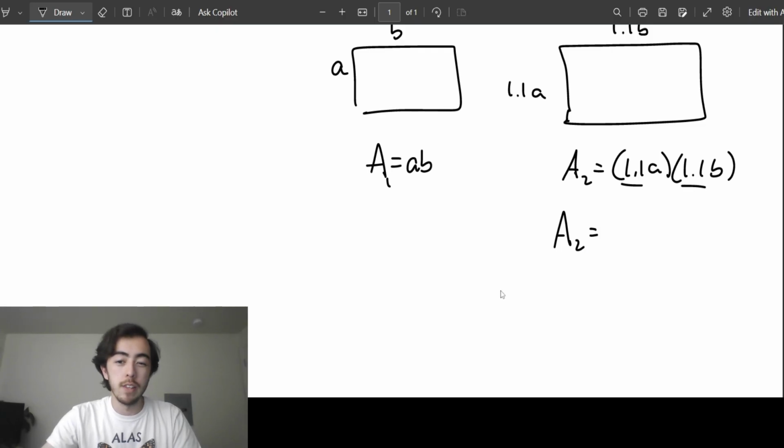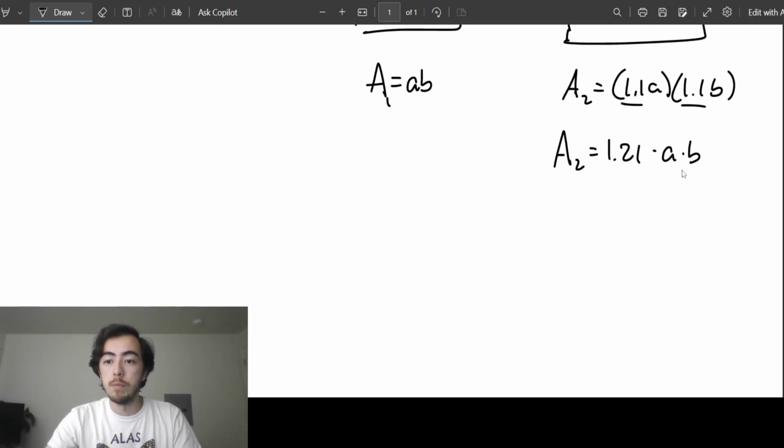That's kind of like 11 squared, just moving the decimal place where it's supposed to go. And then I also get times A times B in the end. This right here is just the original area of the first rectangle. And so I'm getting that the new area is 1.21 times the original area.